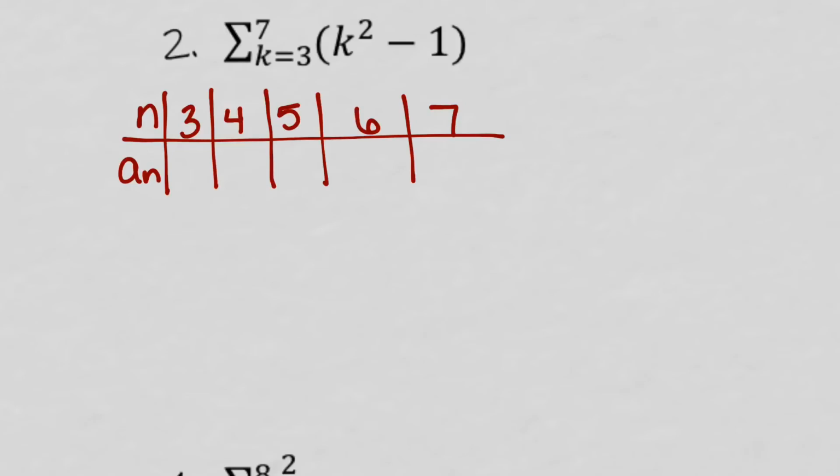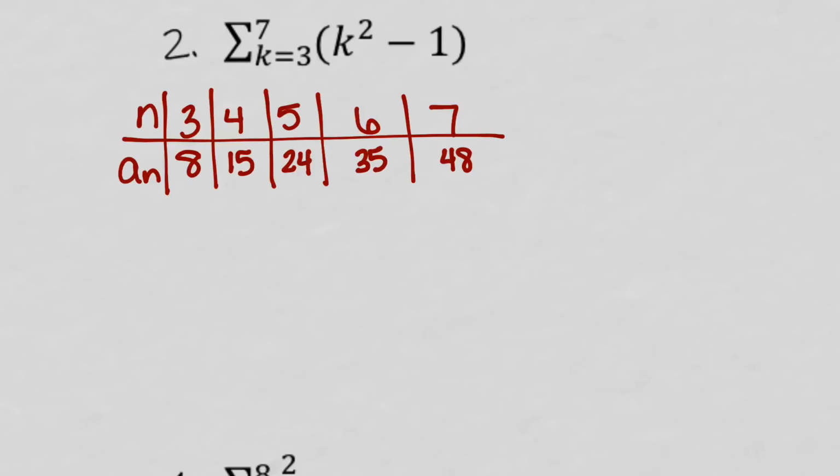Now, I'm going to plug 3 in for k, and I get 3 squared minus 1. 3 squared is 9, minus 1 is 8. 4 squared is 16, minus 1 is 15. 5 squared is 25, minus 1 is 24. 6 squared is 36. Subtract the 1 is 35. And then 7 squared is 49. Subtract 1 is 48.